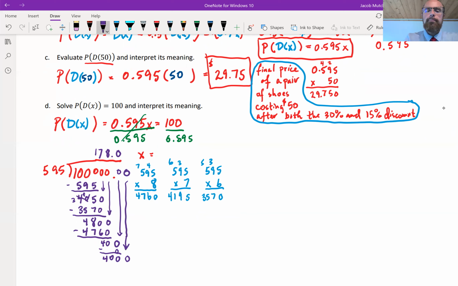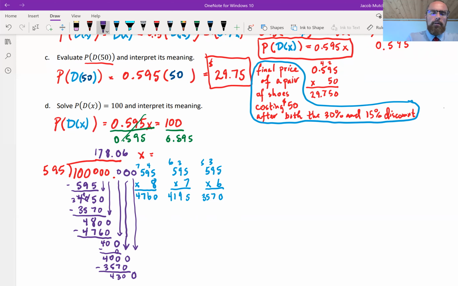And then using my products here on the side, the one that will fit within 4,000 is 595 times 6, which is 3,570. And then 4,000 minus 3,570 is going to be 430. And to figure out if that's going to stay at 6 cents or round up to 7, I'll put a third decimal 0 there, carry it down.